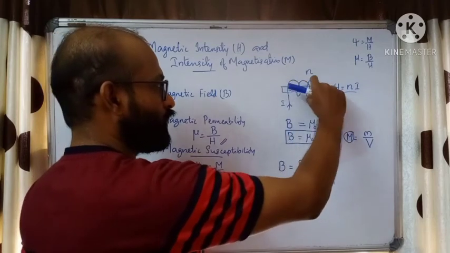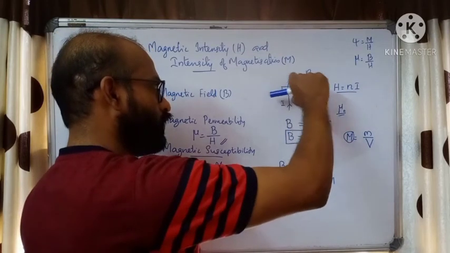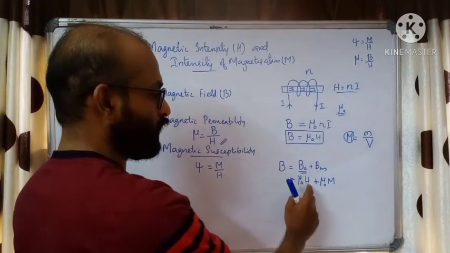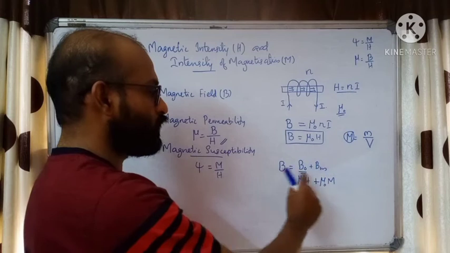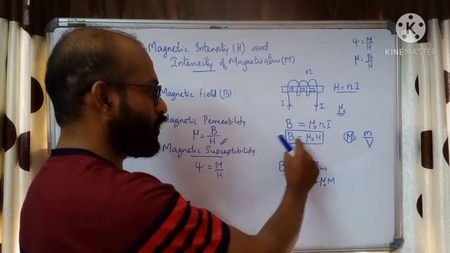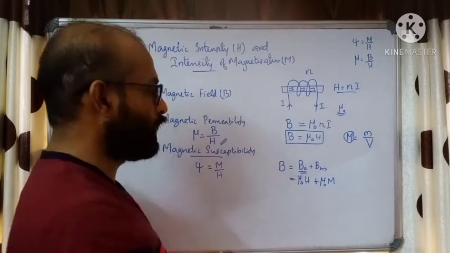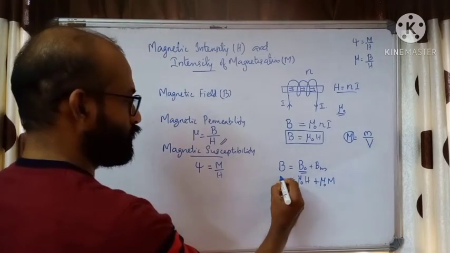So in this region inside the solenoid, there are two fields, H and M. What is the net magnetic field? The magnetic field B is equal to mu 0 H plus mu 0 M. Now we'll rearrange this.